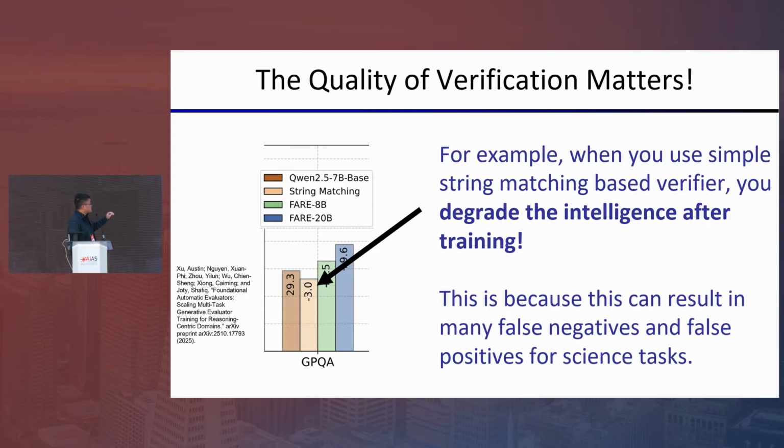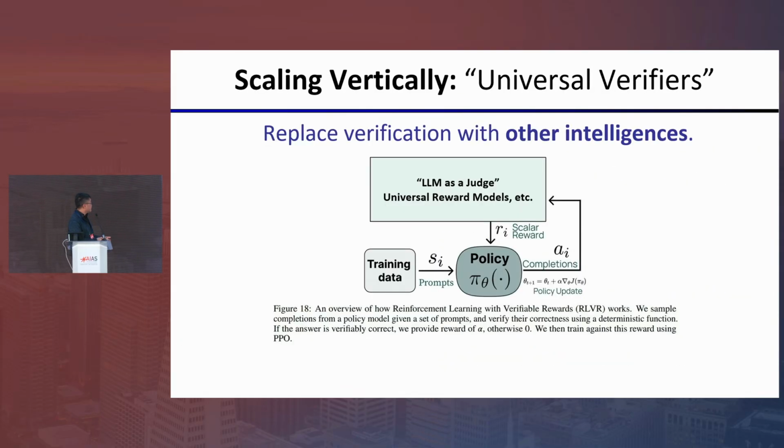You'll be able to see that, in fact, after you have run reinforcement learning on this, the quality of the AI actually degrades, because you are not able to provide a verification system that has very few false positives and also false negatives.